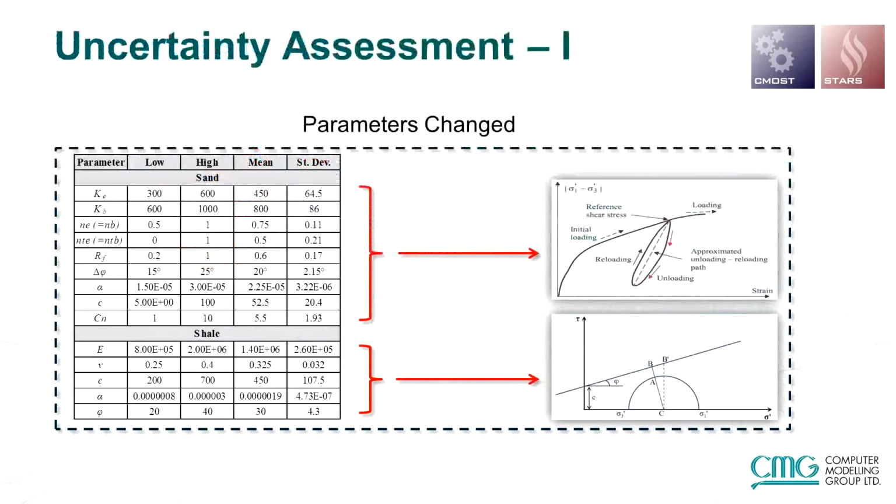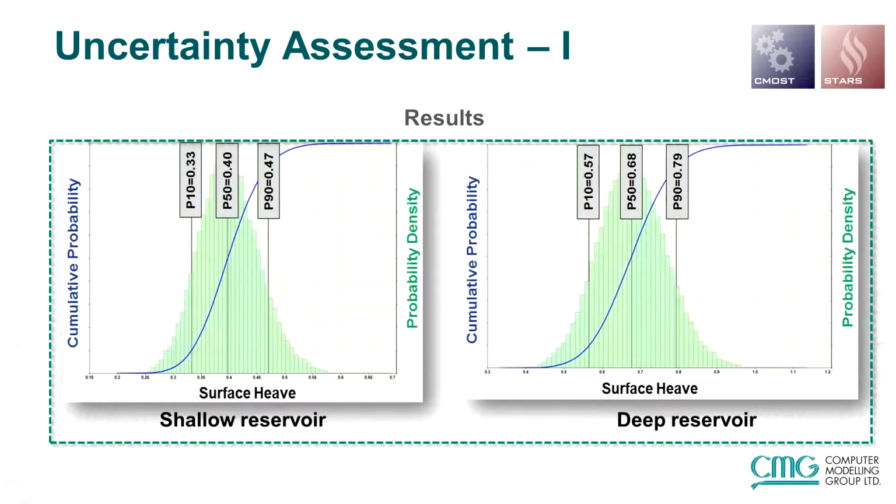Now, using these parameters and taking them forward, we also have to address the issue of uncertainty. There is an uncertainty in geomechanical properties, and we ran several cases with changing values of geomechanical parameters. And what we found is that the heave is showing a big distribution.